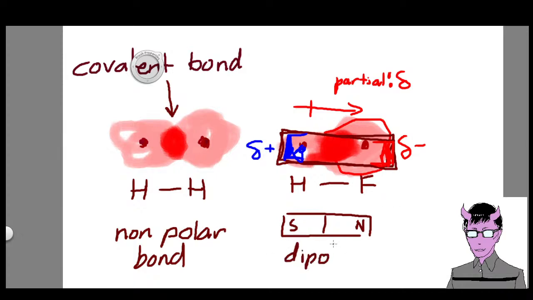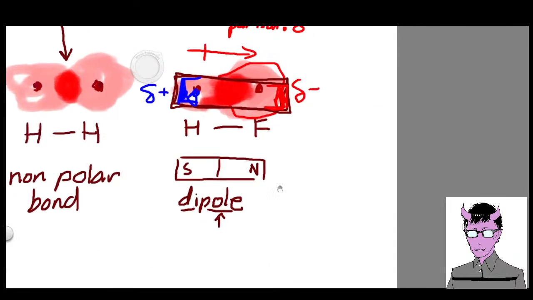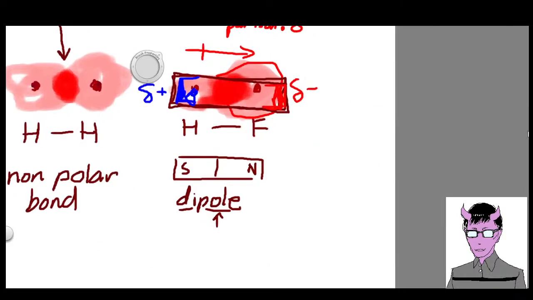Dipole. Di for two, and then pole, you've actually seen this before when you talk about the Earth. So let's go to the Earth real quick. It'll be the green representation right here. When we talk about the planet, there are distinct ends to the planet, right? There's the North Pole for the planet, and then there's the South Pole for the planet.